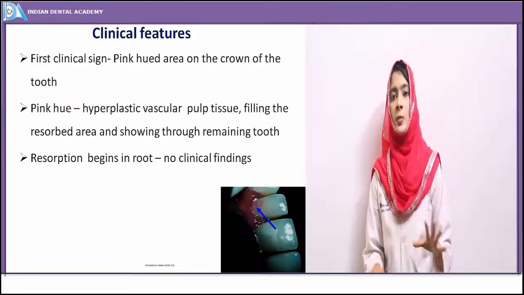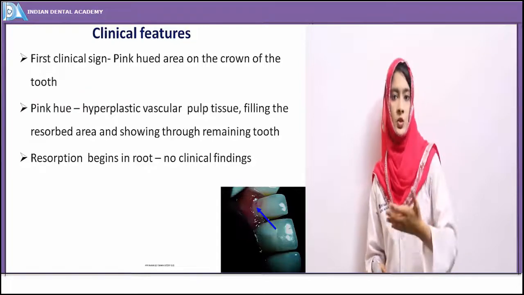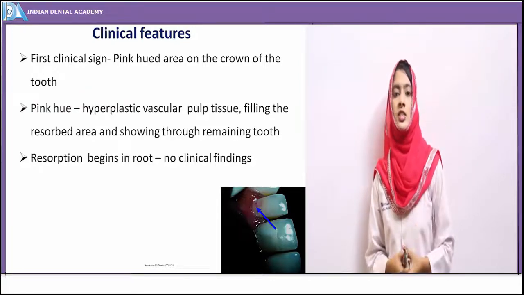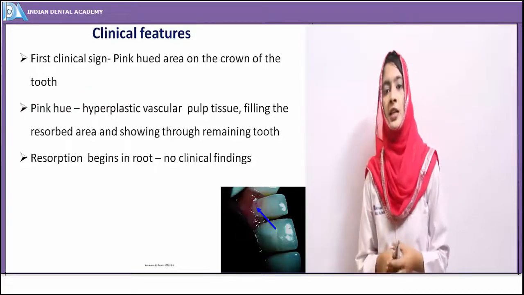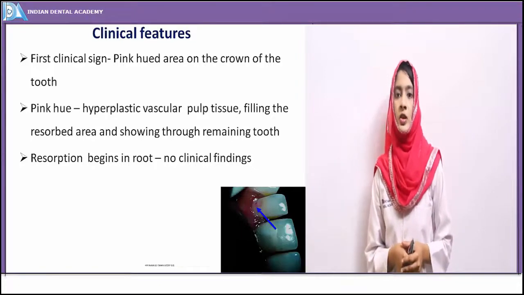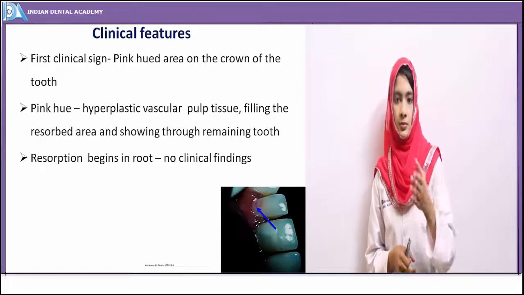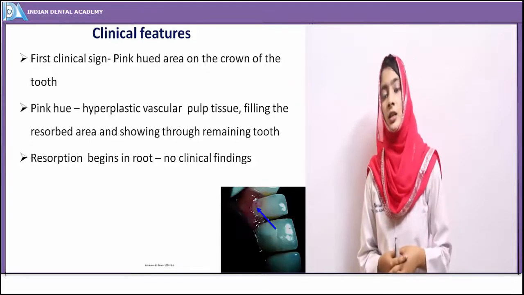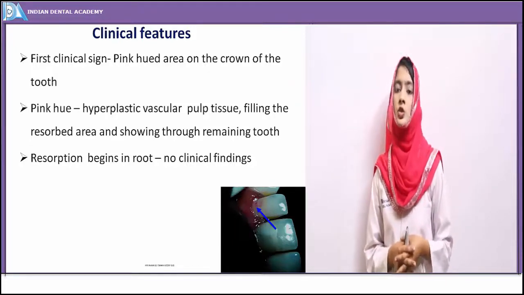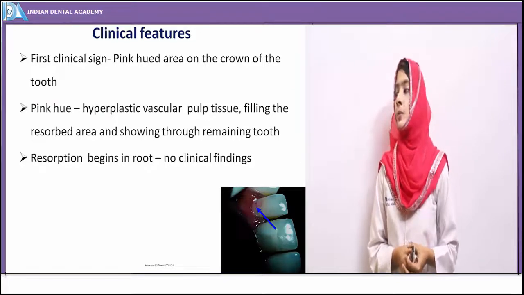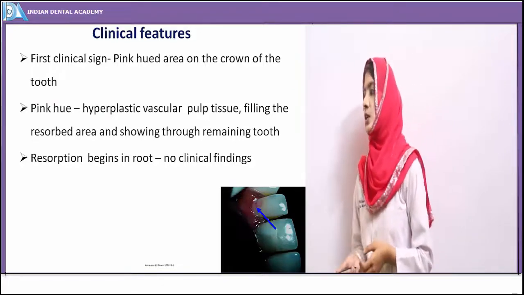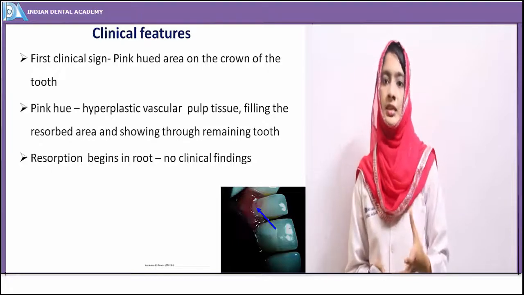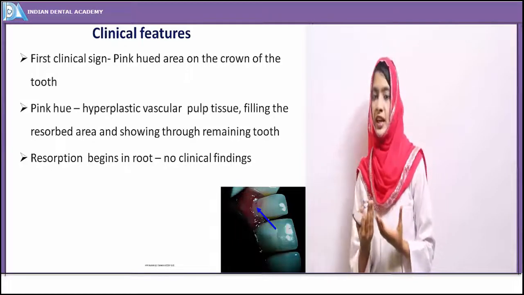The patient does not report any symptoms, and when you see the crown surface, you can see a pink hue or pink color appearance. That's because the area has been resorbed and replaced by the pink pulpal tissue. The vascular tissue is seen through the enamel surface. So if the resorption occurs in the crown, you can just see a pink appearance in the oral cavity.